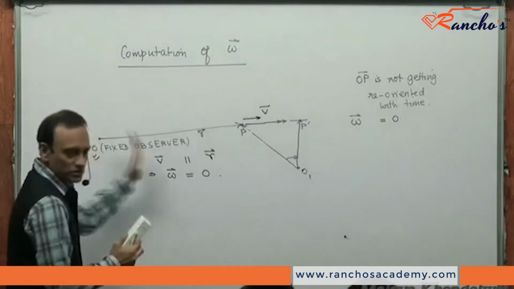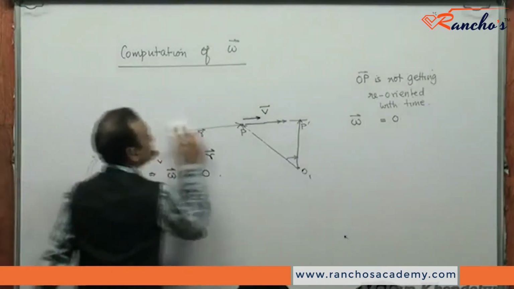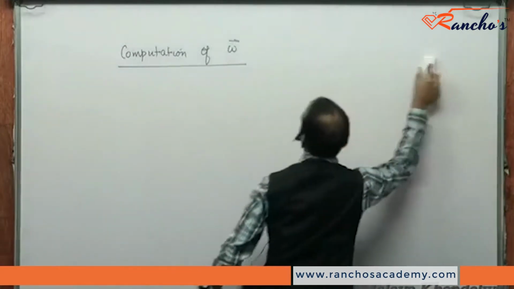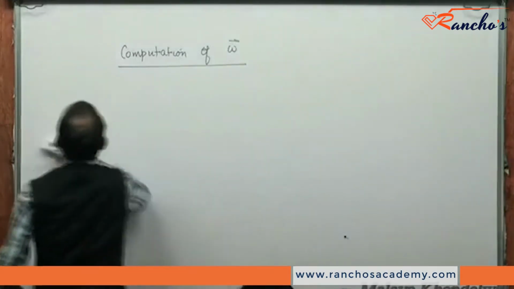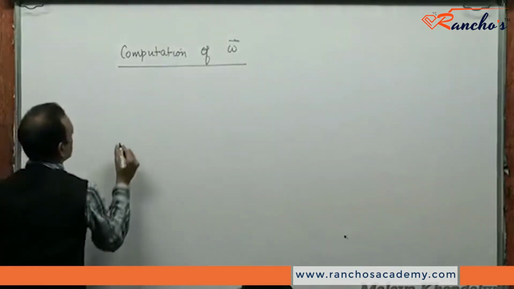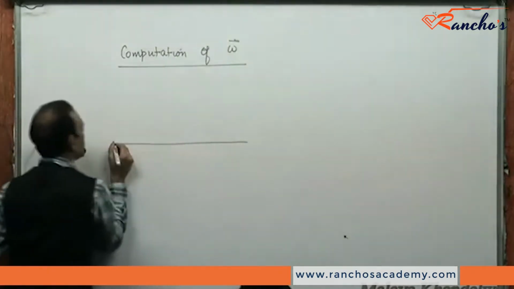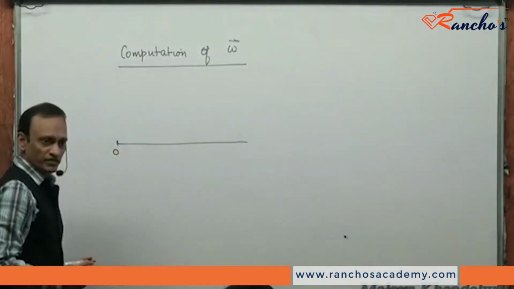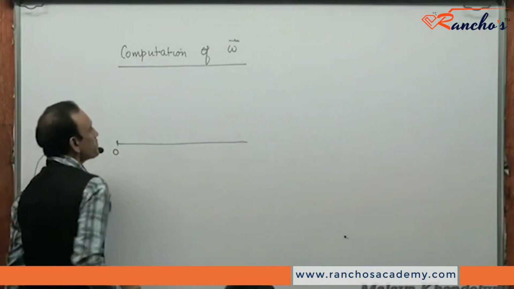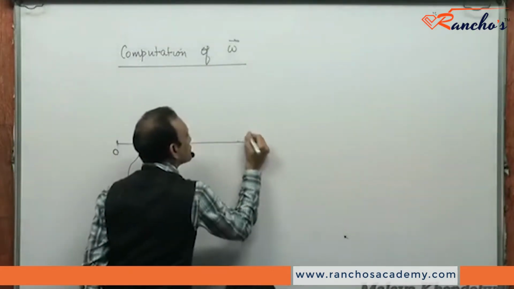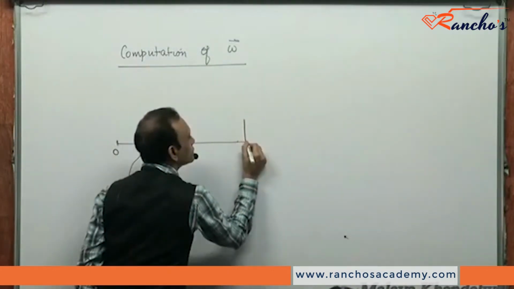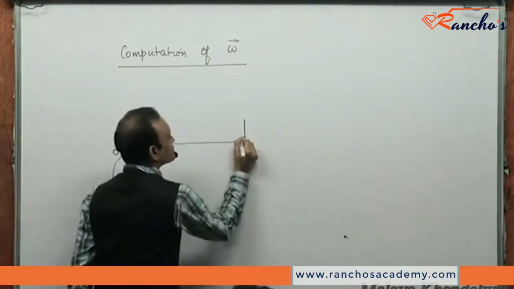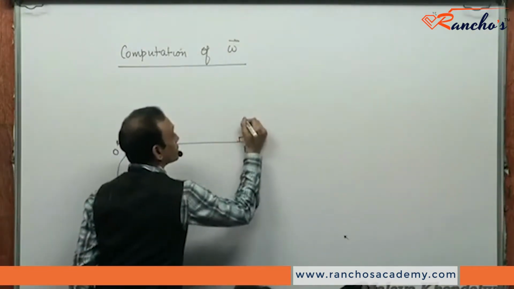Now, can I wipe this off? This is a fixed observer. Okay. And there is a particle P that has a velocity perpendicular to OP.